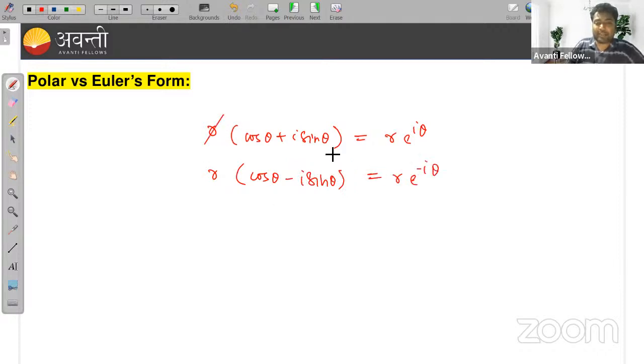From both sides we can cancel r. So cos theta plus i sin theta is equal to e to the power i theta, and cos theta minus i sin theta is equal to e to the power minus i theta. Clear, everyone? I hope this is clear to all of you. So we'll solve some questions. First of all, we have less time, so first we'll try to complete all the theory, then we'll solve some questions on this.